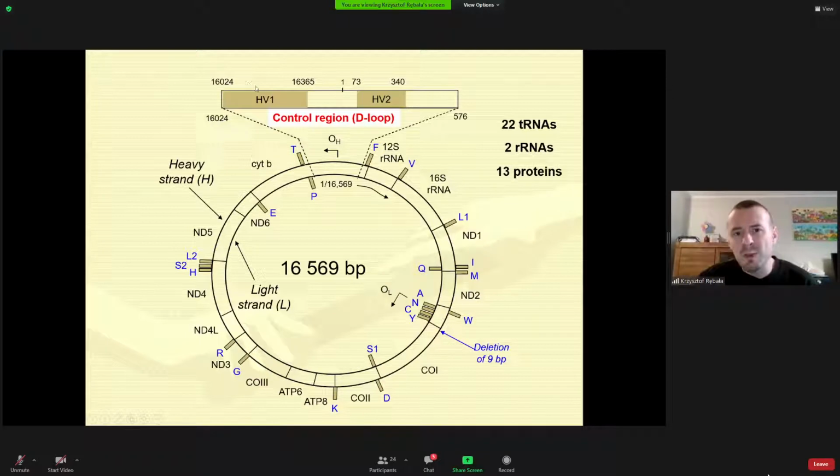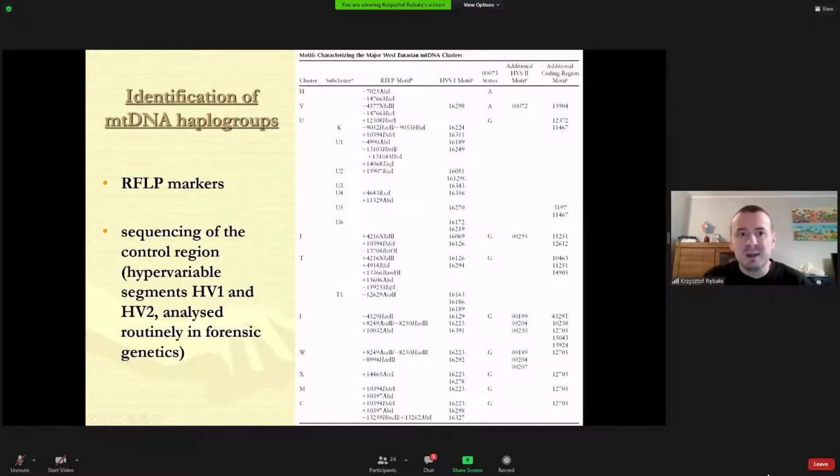And you remember that forensic geneticists are interested especially in the control region. We have hypervariable regions 1 and 2. There is also another hypervariable region 3, which is analyzed by forensic geneticists more rarely, but it's sometimes analyzed. This is a fragment which does not encode any genes, the control region of the mitochondrial DNA.